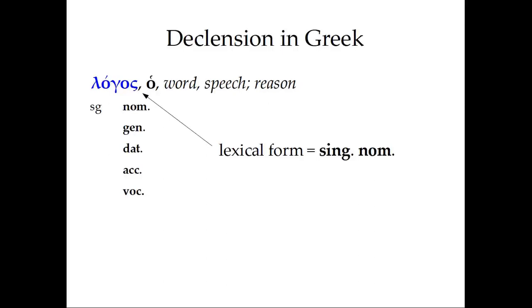This would be the form that you would look this word up in the dictionary, the lexicon. And it happens to be singular nominative. That is the lexical form. Just as the lexical form of verbs in Greek is the first person singular, the lexical form of nouns and other parts of speech is the singular nominative form.